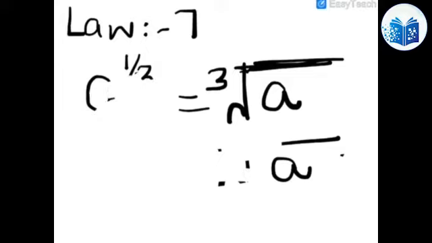Now the last law. Up to now, if I take you back to the start, what have we done? What was the first thing that we did? We did zero indices, right? Then we did which one?